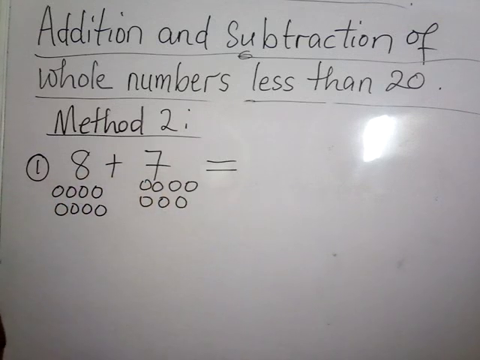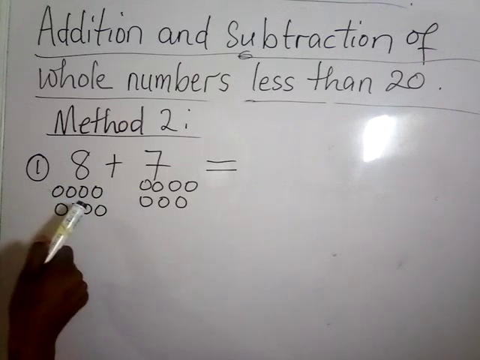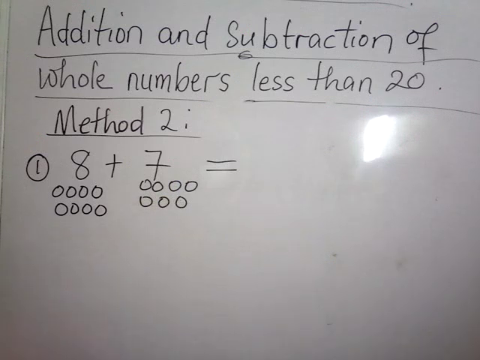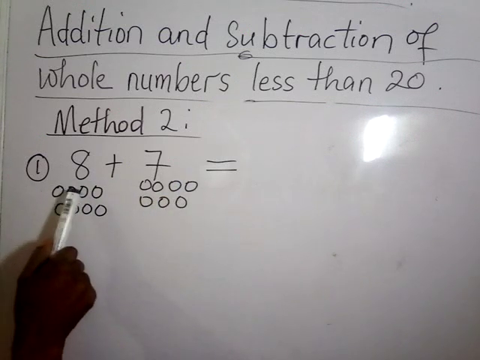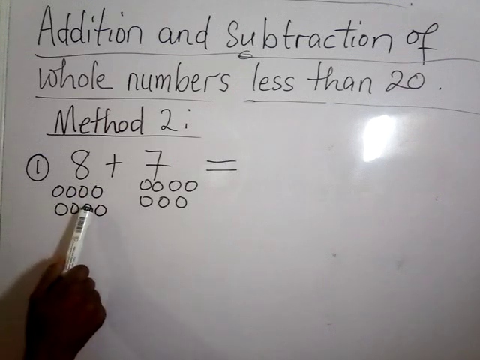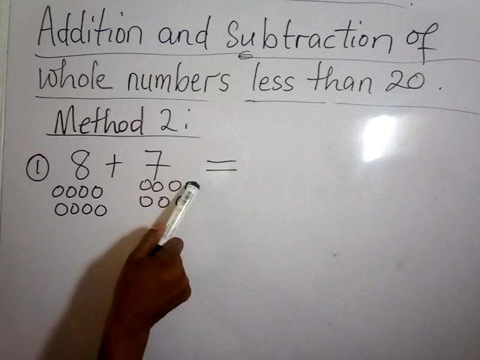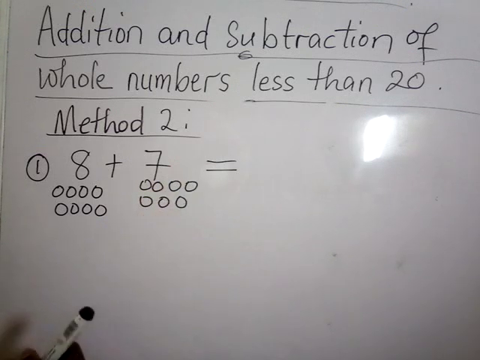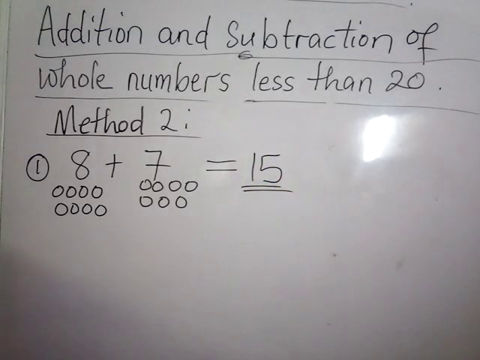So here count your 8 units, 1 2 3 4 5 6 7 8, and your 7 units, 1 2 3 4 5 6 7. So what do you do next? Add all these units together. So let's go. 1 2 3 4 5 6 7 8 9 10 11 12 13 14 15. So 8 plus 7 gives us 15.